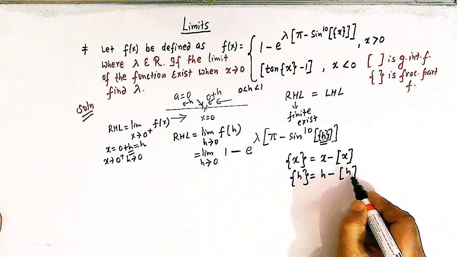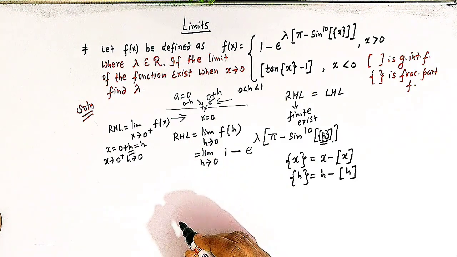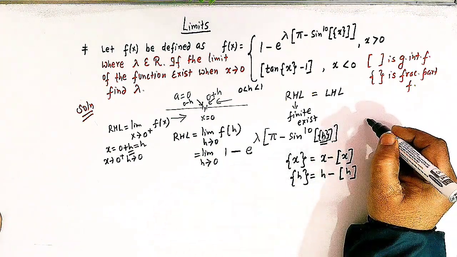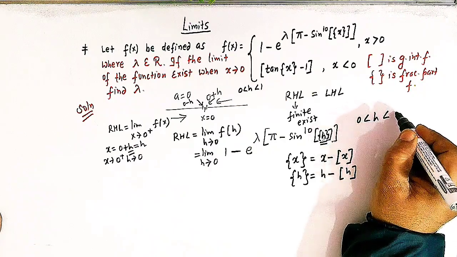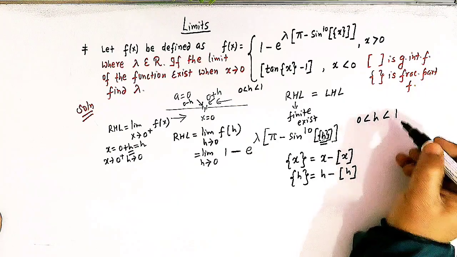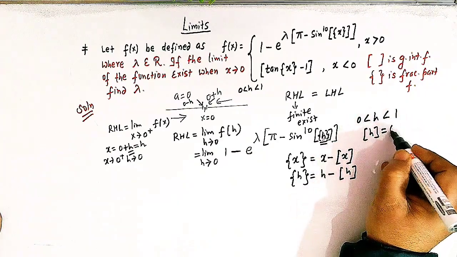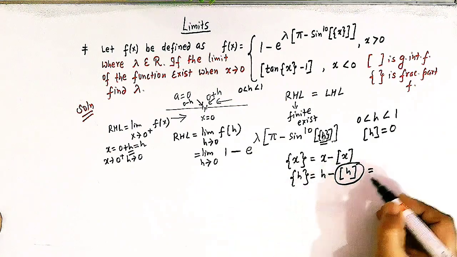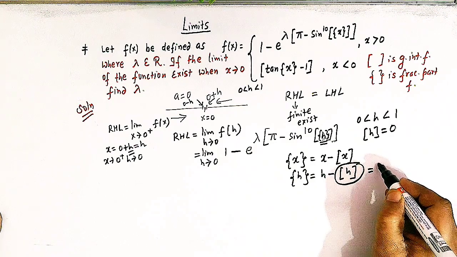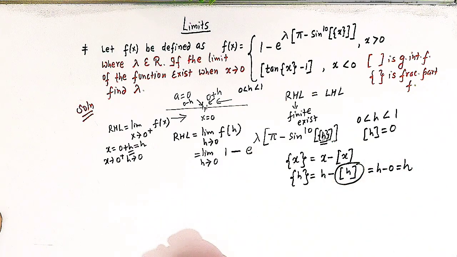Now see, this h is infinitesimally very small, so h is greater than 0 but less than 1. So the greatest integer of h is equal to 0. So we have the fractional part of h is equal to h minus 0, that is equal to h, right?